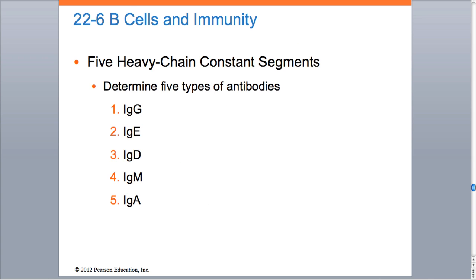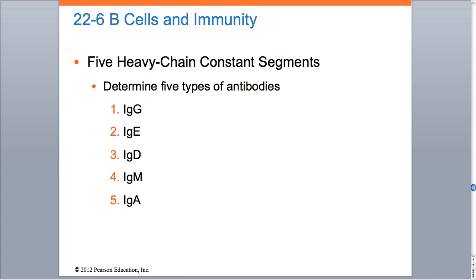Moving forward, I have the 5 types: IgG, IgE, IgD, IgM, and IgA. The most common form is IgG, and you do need to know that.